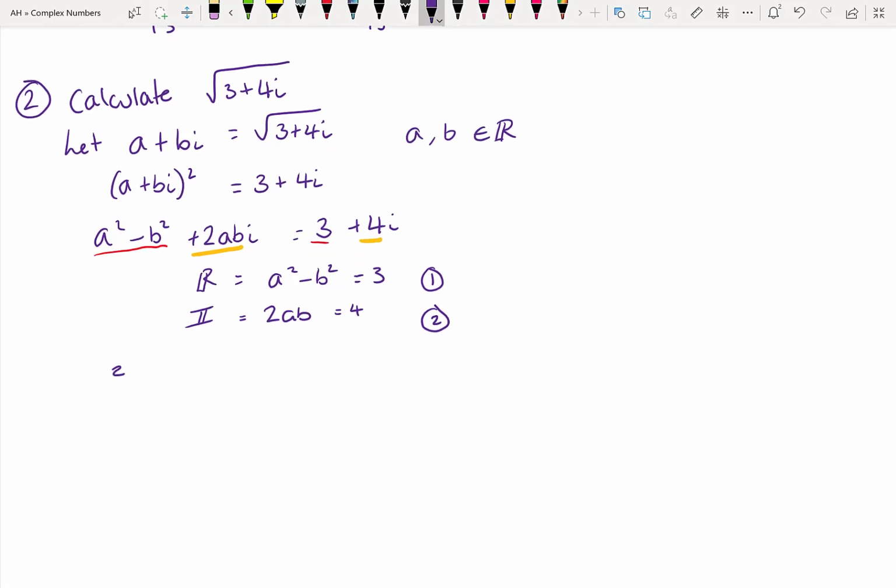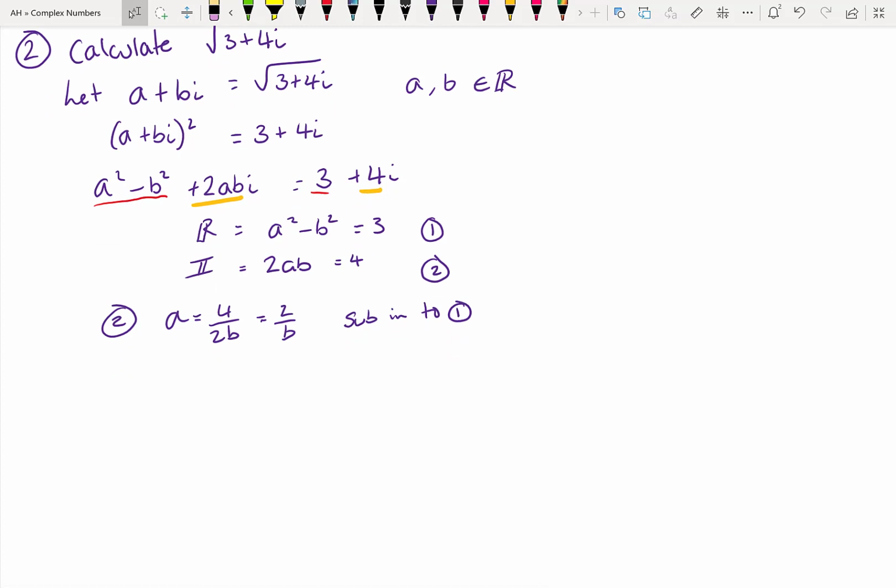So what I can do is rearrange my second equation. So a is going to be equal to 4 over 2b, or if we like, just 2 over b. And I'm going to sub that back into the first equation. So I'm subbing 2 over b in for a, and so I end up getting 4 over b squared minus b squared equals 3.